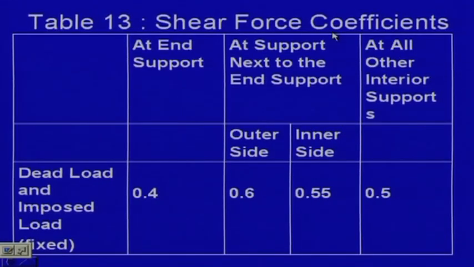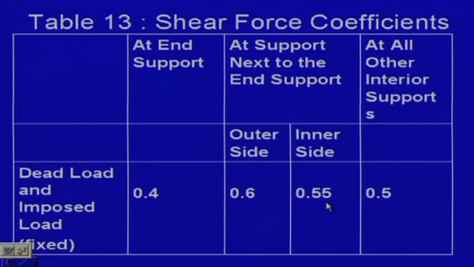Now, what about the other part? There are the shear force coefficients. Again in a similar fashion, dead load and imposed load fixed, at the end support, at the support next to the end support, and at all other interior supports. Next to the end support we have two positions, the outer side and the inner side.